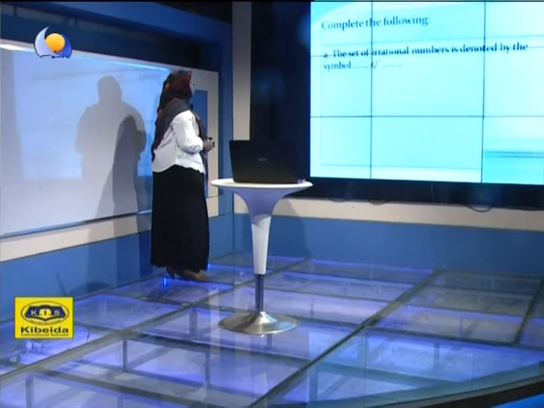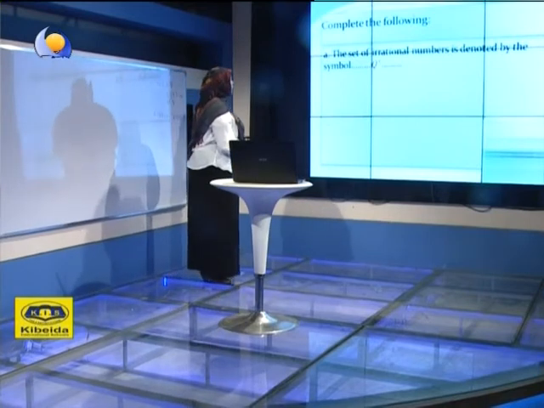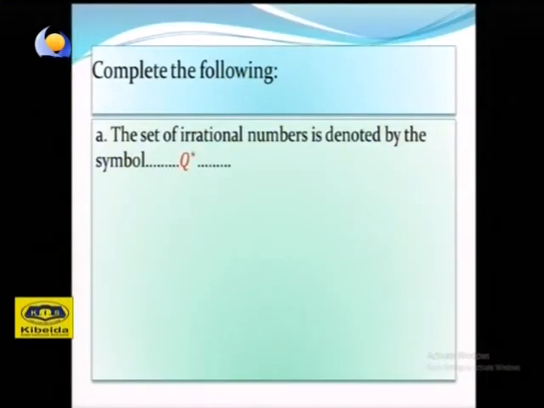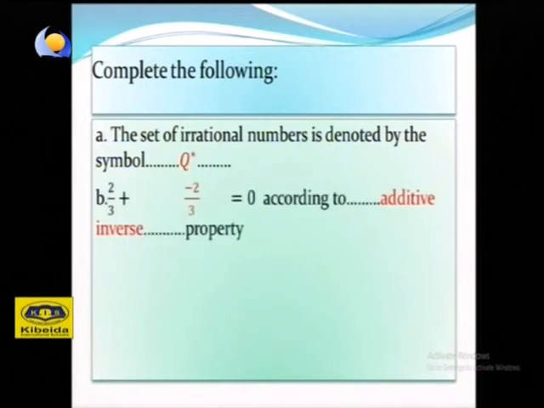Complete the following. The set of irrational numbers is denoted by the symbol Q star. B. 2 over 3 plus dash is equal to 0 according to dash property. How am I going to know this? I talked about the additive inverse and multiplicative inverse before. If I want to know if it is multiplication or addition, first I have plus here.